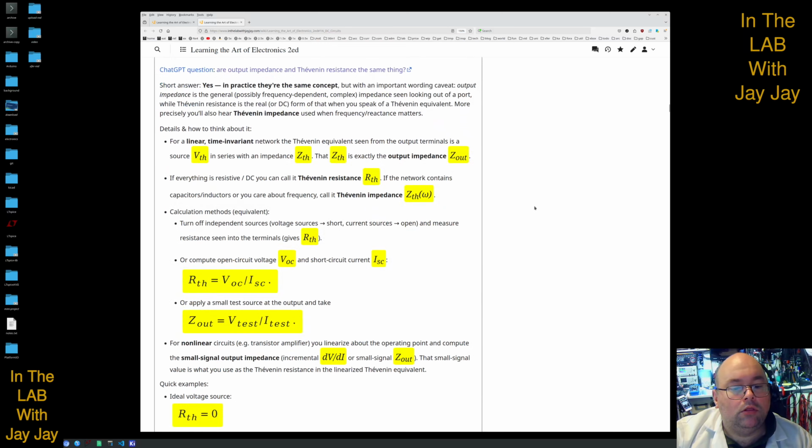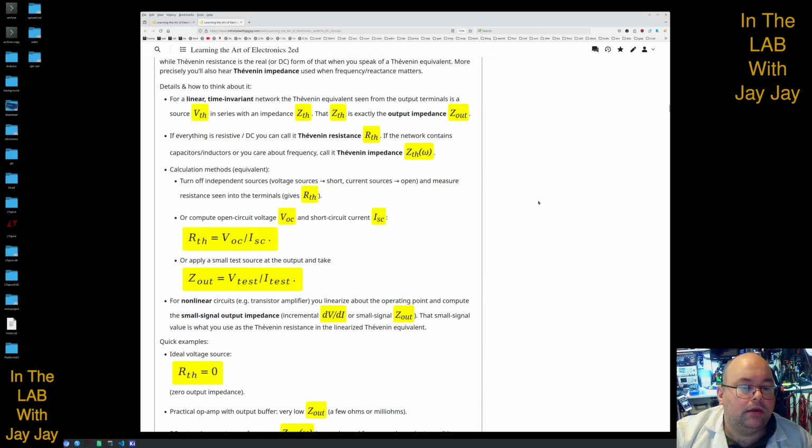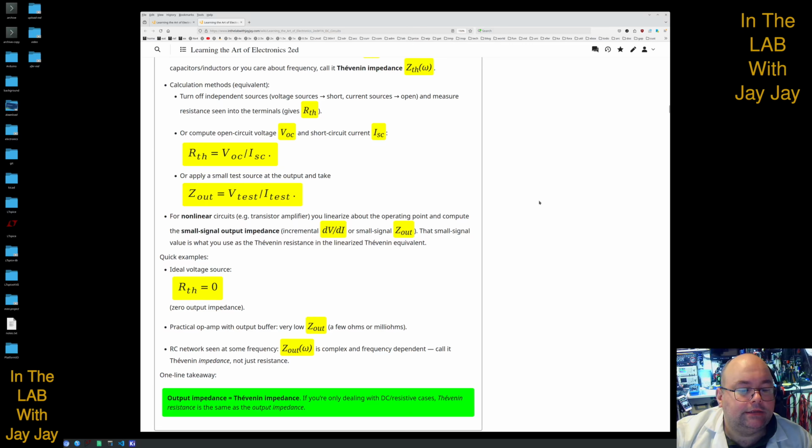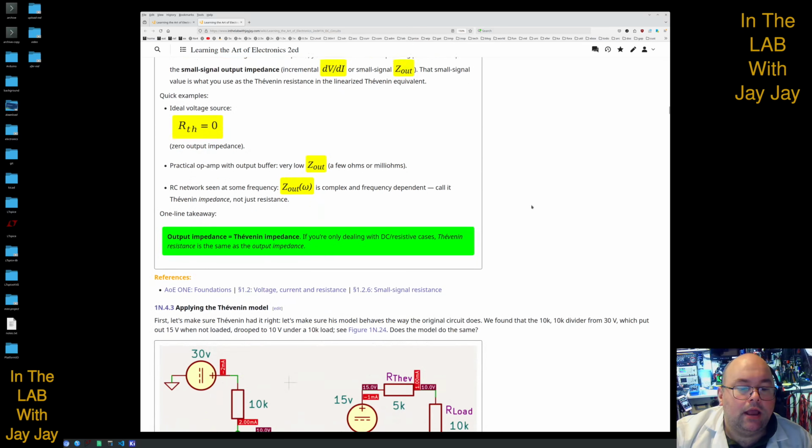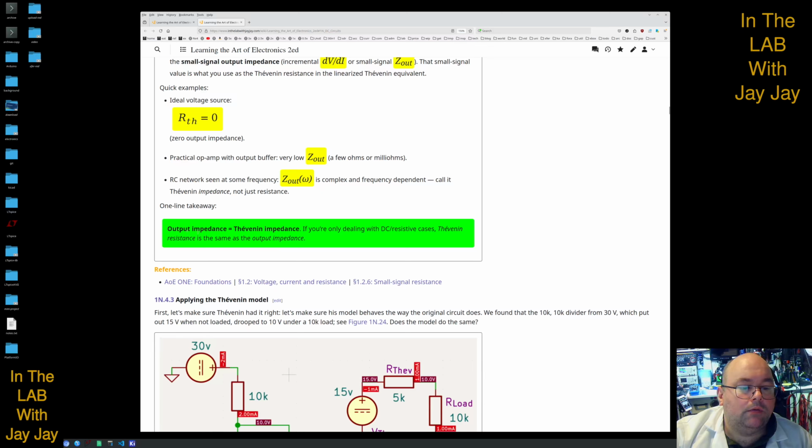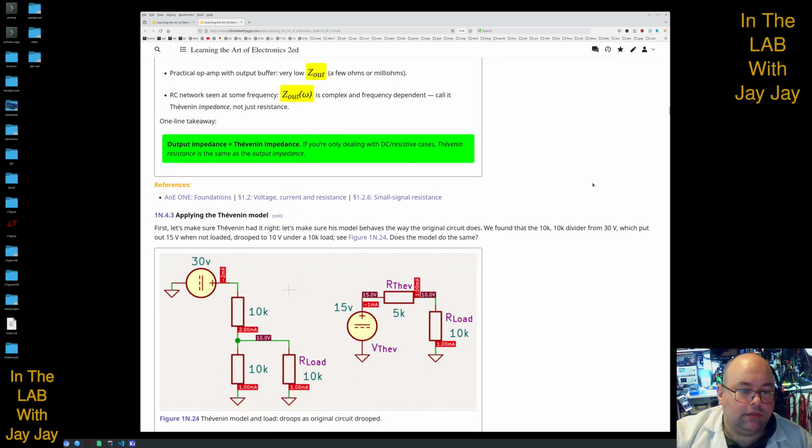And then it went on a whole lot to talk about the various impedances and resistances and such. So the bottom line was the output impedance and the Thevenin impedance are the same thing. If you're only dealing with DC or resistive cases, then the Thevenin resistance is the same as the output impedance, which is what we're dealing with at the moment.